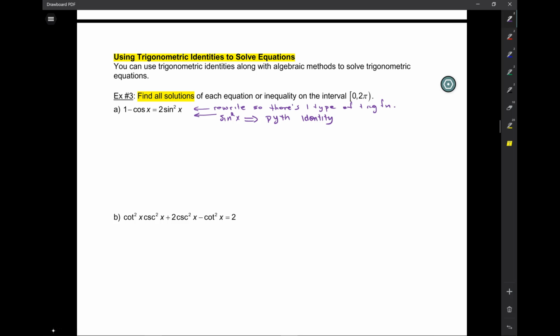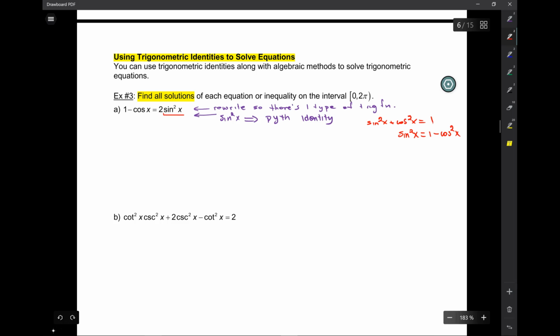The most famous Pythagorean identity is sine squared x plus cosine squared x is equal to 1. Now, I have sine squared x here, so I can always rearrange these so they fit the mold that I want. So when I bring the cosine squared over, I get sine squared x is equal to 1 minus cosine squared x.